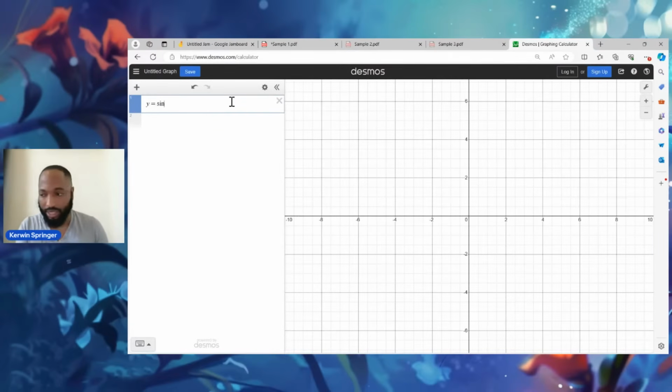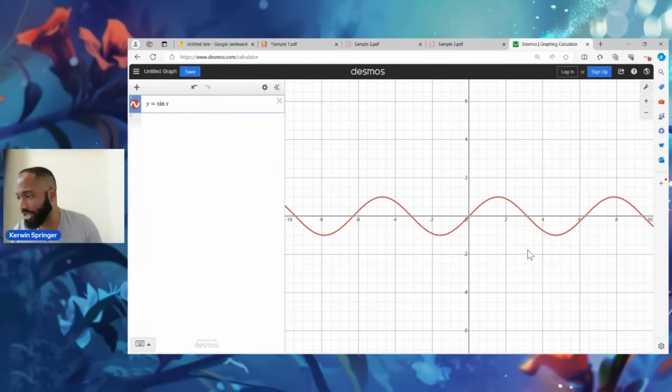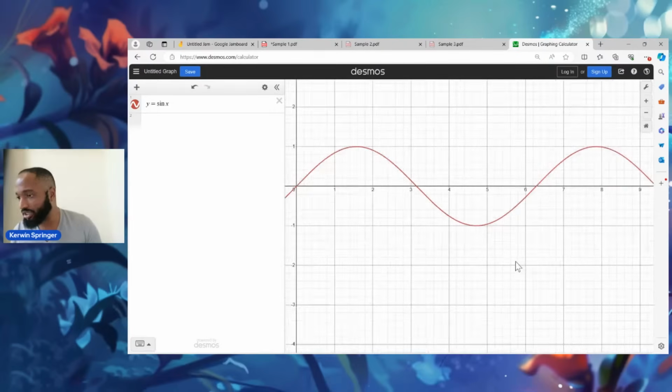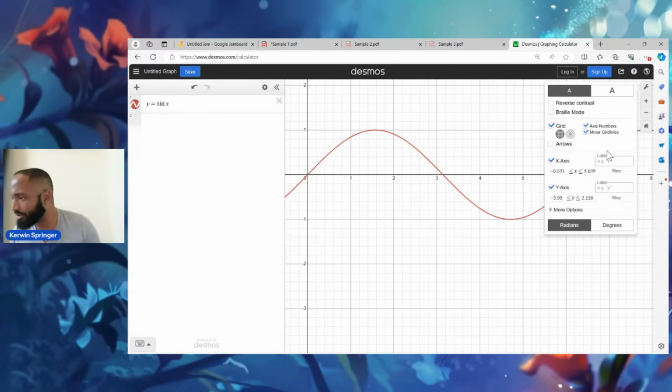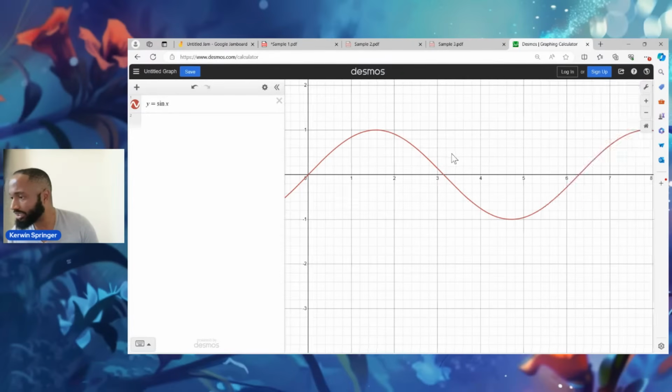Y equals sine x. This is the graph of sine x, guys. Now I want you to pay attention to what happens. I wish I could turn this in pi, but this is pi and this is 2 pi, right? Y'all understand?